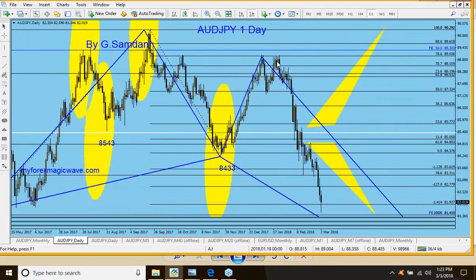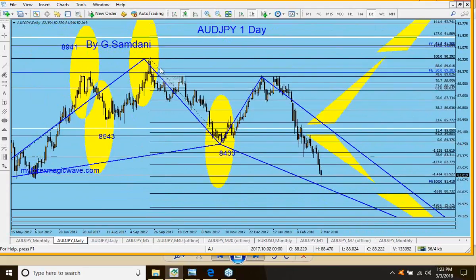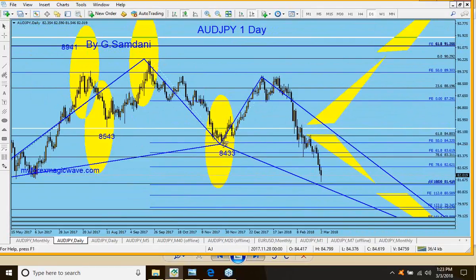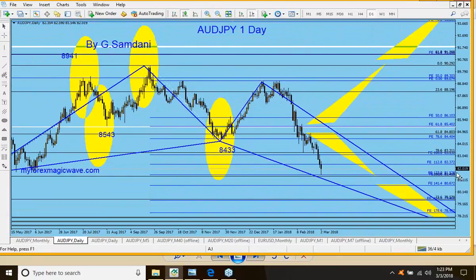We have 1, 2, and usually it goes to 1.618. So for 1.618, you draw the fib extension here. We need 1.618. Where is 1.618? It's going to be right here.